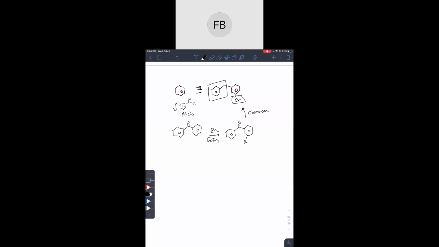Okay, so this is where we start talking about Grignard and how Grignard works. So Grignard is kind of like a nucleophile, I want to say. I'm not sure if that's the correct word to use, but it's kind of like what we did last semester where we had nucleophiles with negative charges on them.